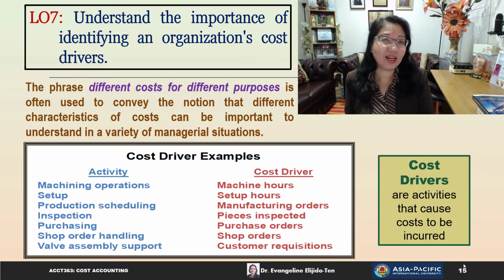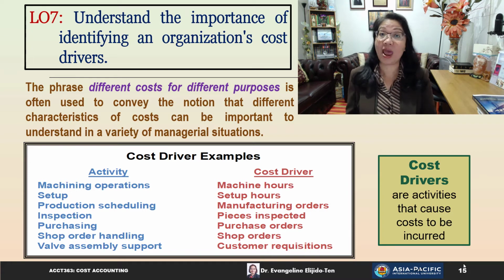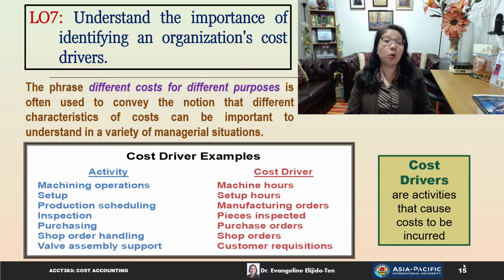Do we really need to inspect each and every unit, or can we do random inspections instead in order for us to reduce the costs incurred for inspection, just as an example? The importance of cost drivers will again be revealed as we go through future topics in cost accounting, but it is important at this stage to have an overall understanding of the importance of cost drivers.